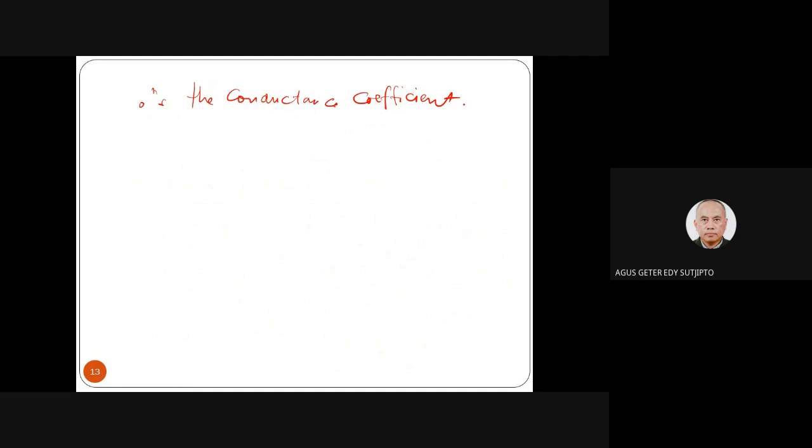So this Kn is proportional to each of those factors introduced: mobility of electron, the oxide capacitance, and the aspect ratio of a transistor.